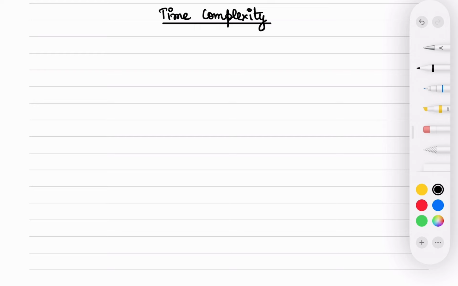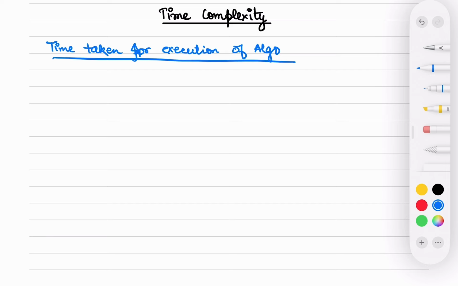The reason is that the time taken for execution of an algorithm may depend upon several factors. What do we mean by several factors?